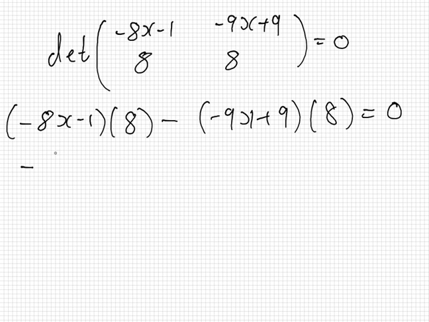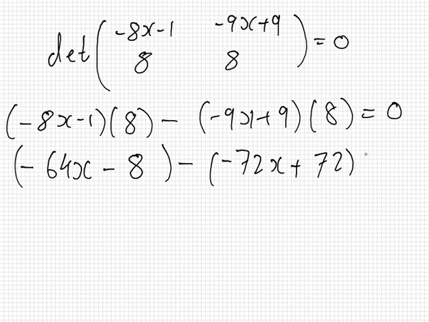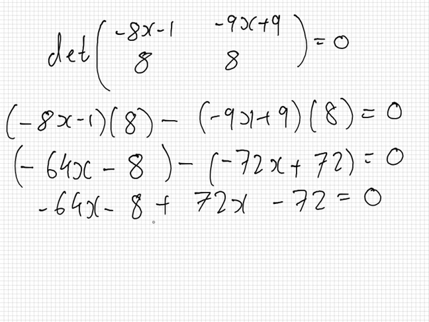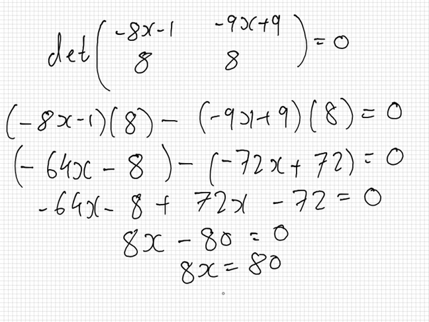So I get minus 64x minus 8 minus 72x plus 72, which must equal 0. So minus 64x minus 8 plus 72x minus 72 must equal 0. So they'll go together. 8x minus 80 must equal 0. So 8x must equal 80. So x must equal 10.